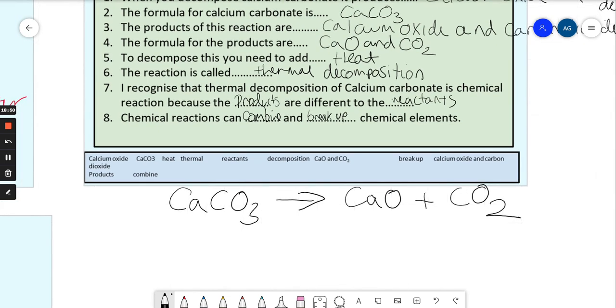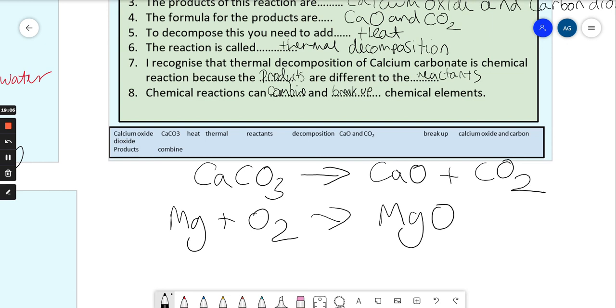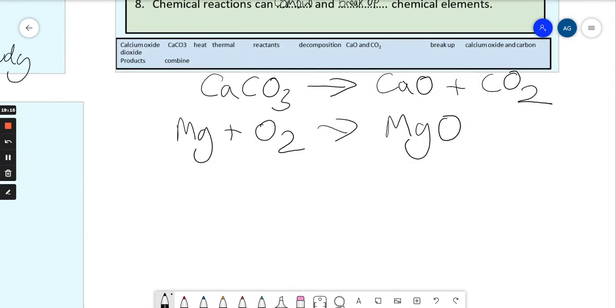An example of a chemical reaction that combines chemical elements is the reaction of magnesium and oxygen. Mg plus O2 goes to MgO. Now, if you look at this reaction, we can see it's not balanced, because on the product side we only have one oxygen, and on the reactant side we have two.